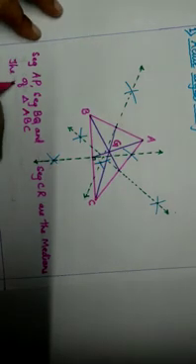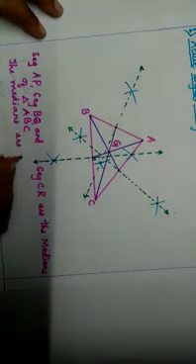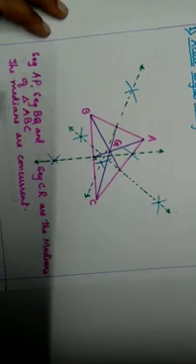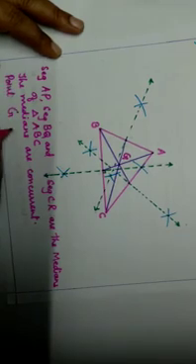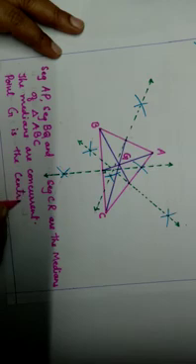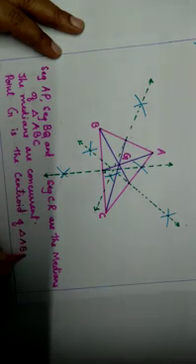The medians are concurrent. All three medians are concurrent. Okay children, what is the point of concurrence? Point G. So point G is called the centroid of triangle ABC.